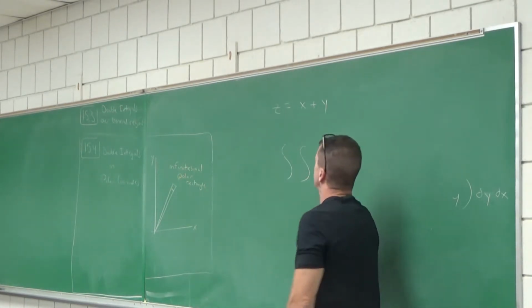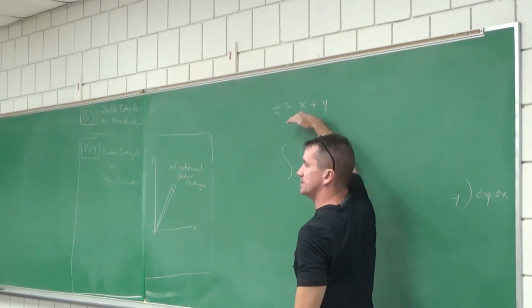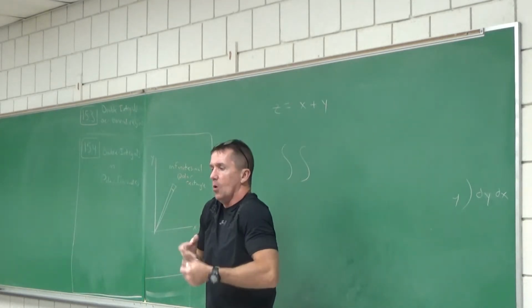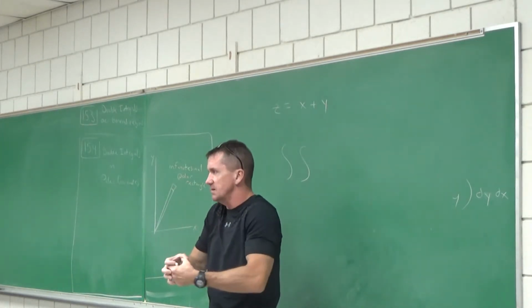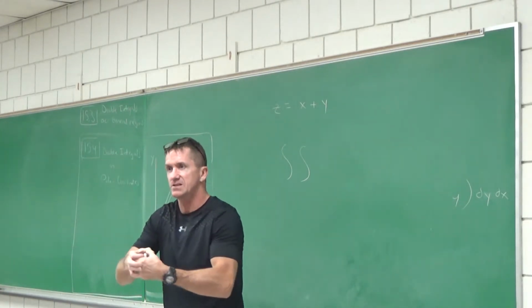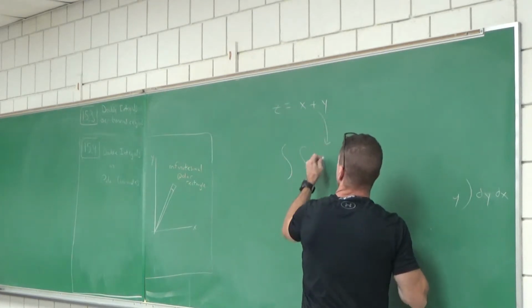Okay? So if we had to find this volume above by the surface, x plus y, but below by the xy plane, only projected over just a circle with a radius of 2 centered at the origin. We put this here, right?